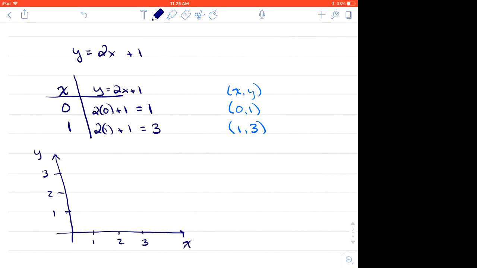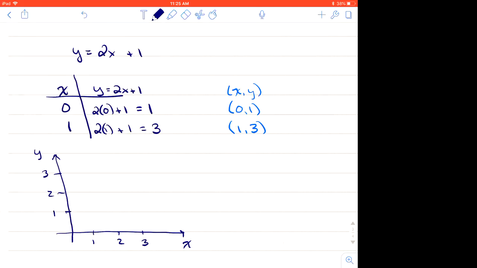My x-axis, my y-axis. On the test, I'll give you the axes already, so you don't have to make them. For a simple one like this, it's easy to do. But when we get into trickier stuff, the method stays the same, but it takes longer to figure out your axes.